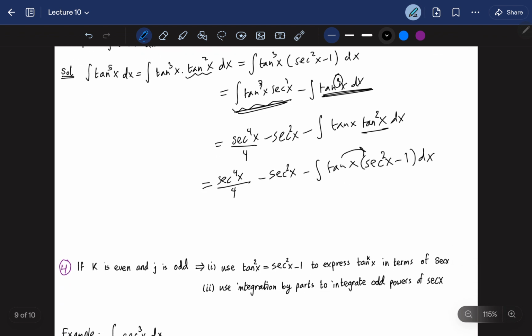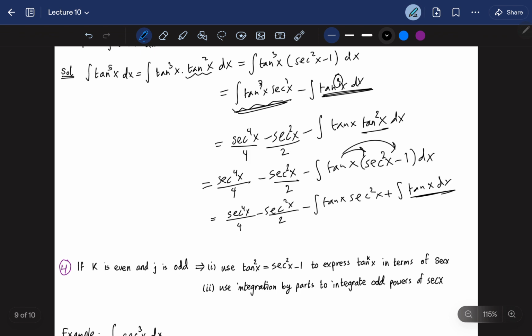You distribute. Let's see what happens. Oh, there's a 2 here. Now, once you distribute, you're going to get tan secant squared plus the integral of tan. Now, the integral of tan is given in the table of antiderivatives.